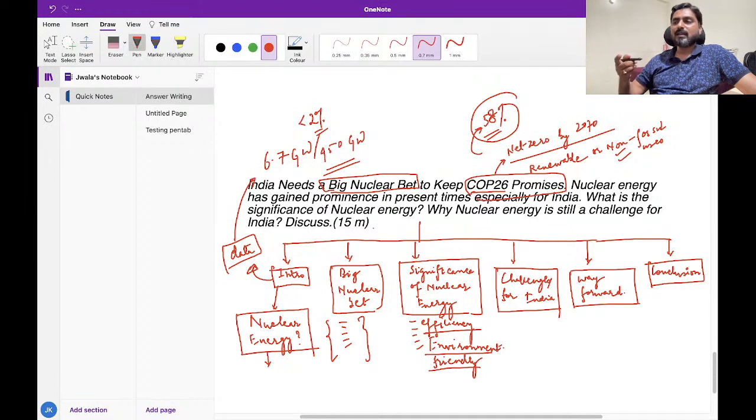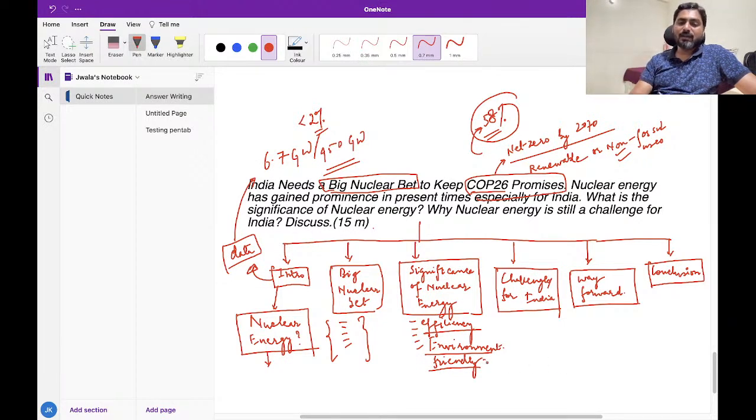That is the problem, that it causes global warming. We have to fight climate change, so we will have to somehow switch to nuclear if we want to reduce the emissions of greenhouse gases. In nuclear reactors we do not produce carbon dioxide. So in that sense it is environment friendly.